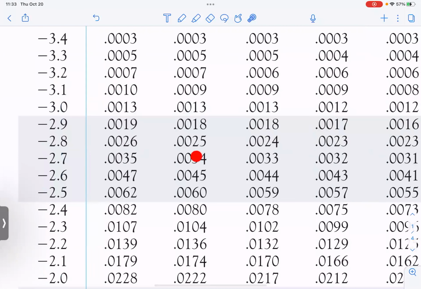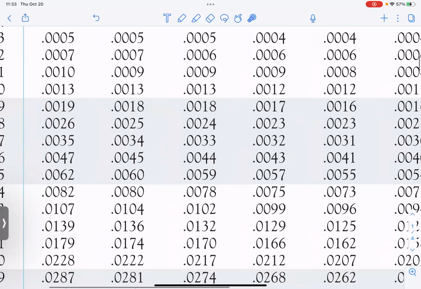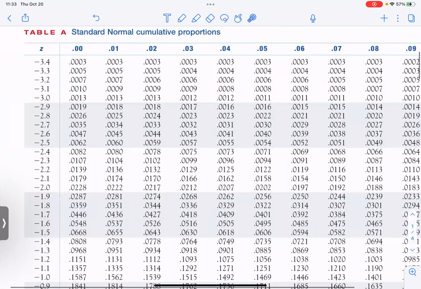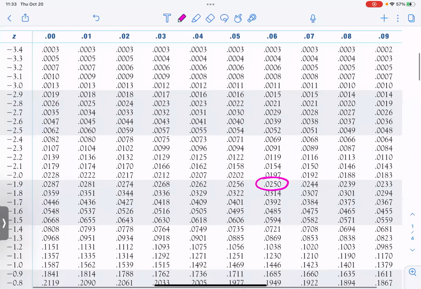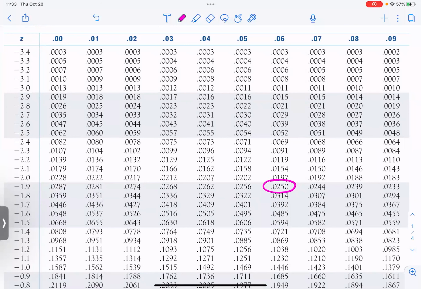So if you're in a hurry, then you want to slow down here and be really careful. 0.025 looks like, here it is, and so nice and clean too. It's almost like it's a common thing to look for. So now the Z score that corresponds to this is going to be negative 1.96.